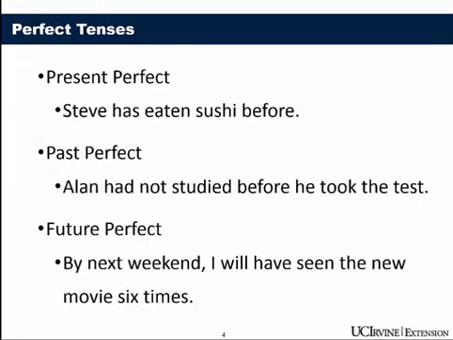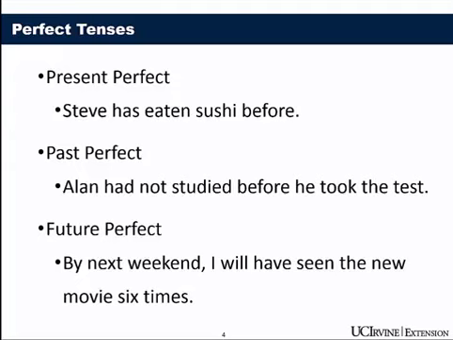Now we're going to talk about the perfect tenses. Present perfect is used to show something that happened in the past before now at a non-specific time, or something that happened regularly in the past, lots of times, but again at non-specific times.